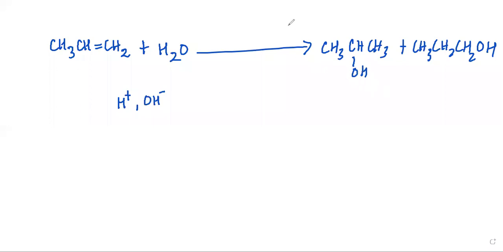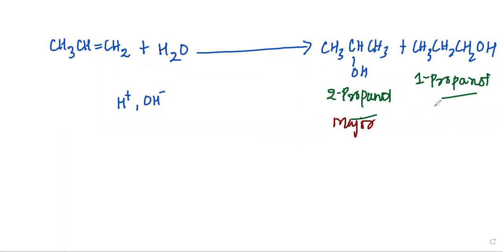Now, please remember, my dear students, that this is known as 2-propanol. This is known as 1-propanol. And please remember that as there is no peroxide present, here we will get this as a major product and this as a minor product.